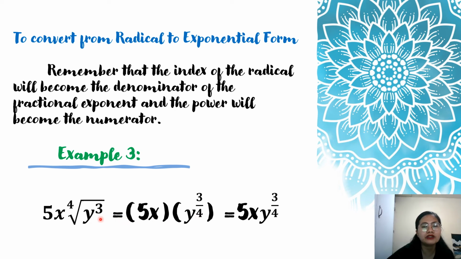Tapos yung power dito, which is 3, yan yung magiging numerator ng ating fractional exponent. After that, i-multiply natin itong dalawang expression. So 5x times y raised to 3/4, it will become 5xy raised to 3/4. So from this radical form into this exponential form.